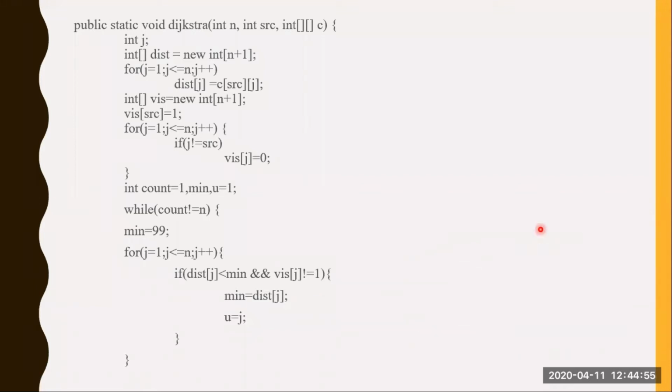Okay. So once we find this, the next step is updating and making the visited of that particular node as 1 and then incrementing the count because now we've selected the next node as well. And after that, we need to update all the other remaining vertices. So for the updation part, we are using this particular j.